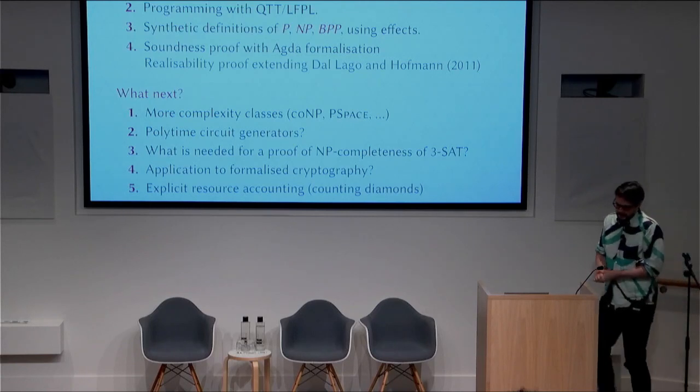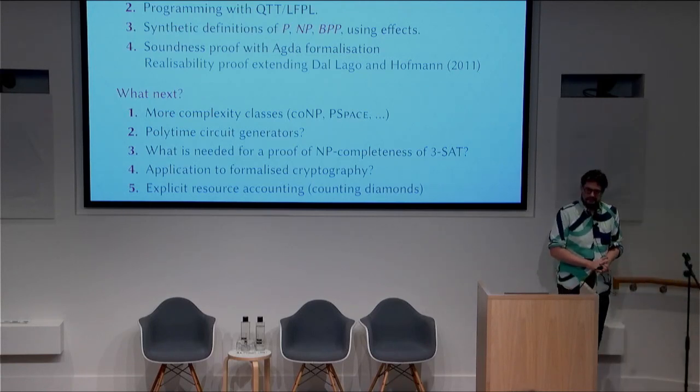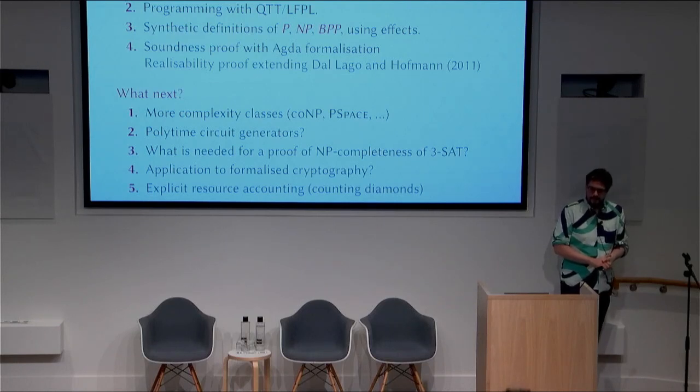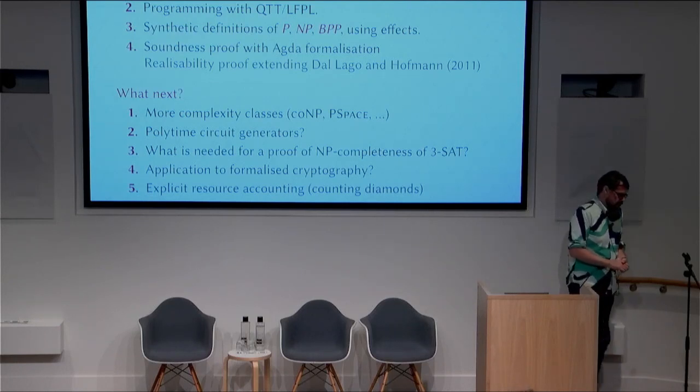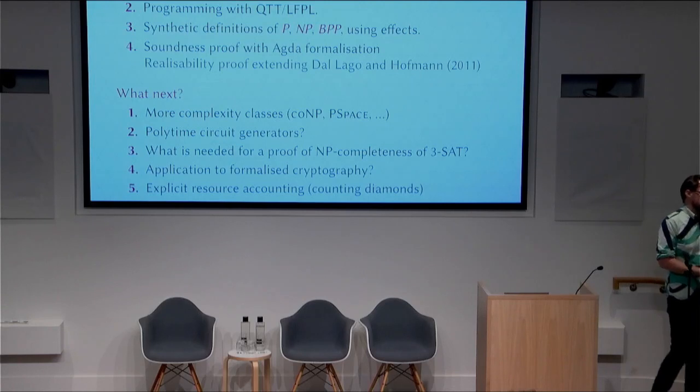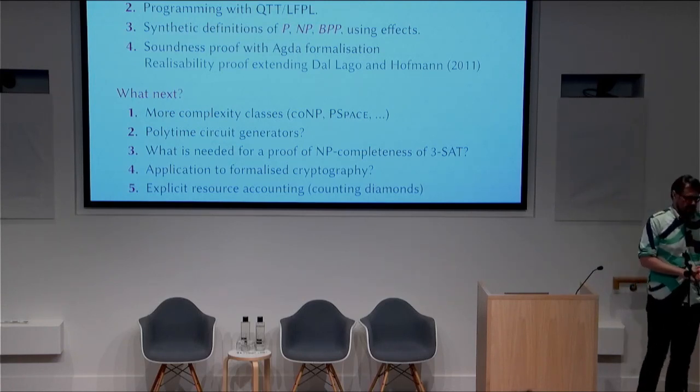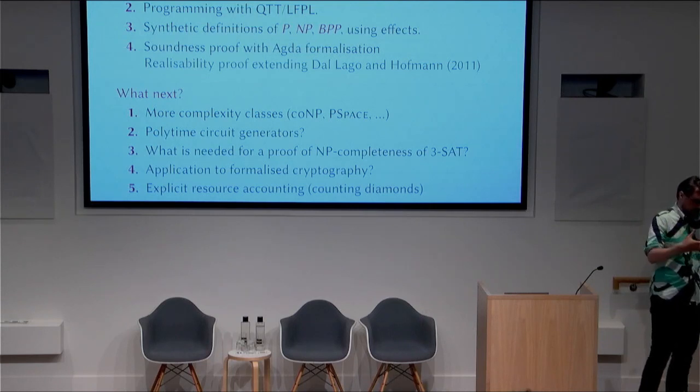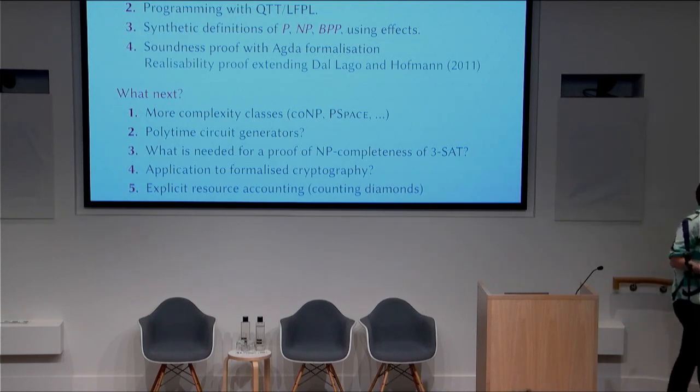I think it is an interesting direction. There's been some practical work using LFPL to actually program with. It was in the context of the fact that you can also interpret the diamonds as memory cells, and it's all in place. There's work on writing reasonable programs in there, so you can write sorting algorithms and things quite easily.